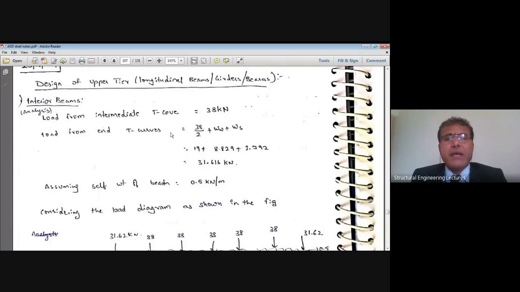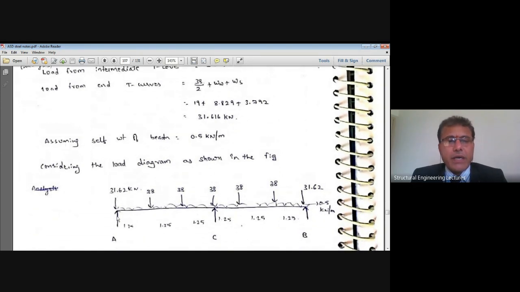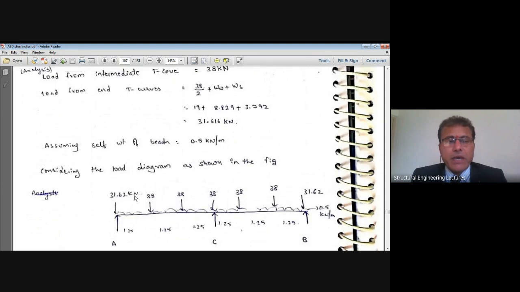Load from end T stiffeners is 38 by 2 because of half the panel, plus the weight of the steel plates, that is 3.792, plus the weight of water on this 0.3 meter overhang, that is WW. By adding all these, 19 plus 8.8, 8.8 and 3.7, I'll get roughly 31.62 kilonewtons on the end T stiffeners.